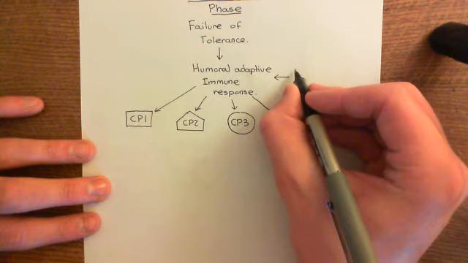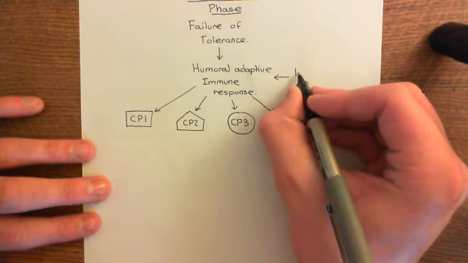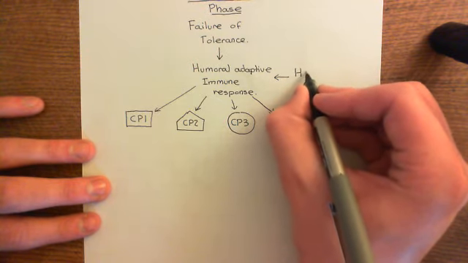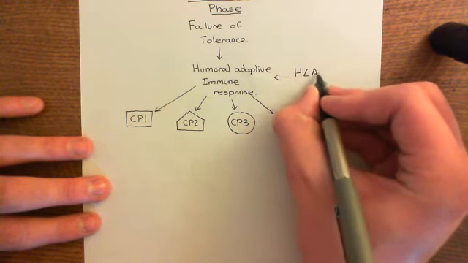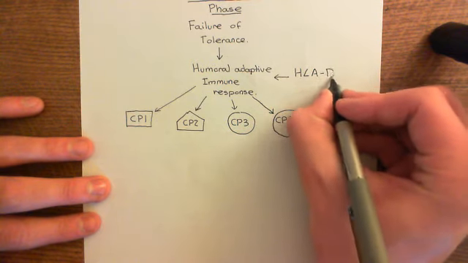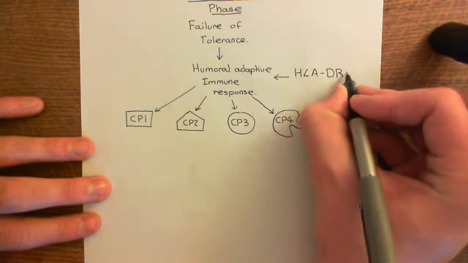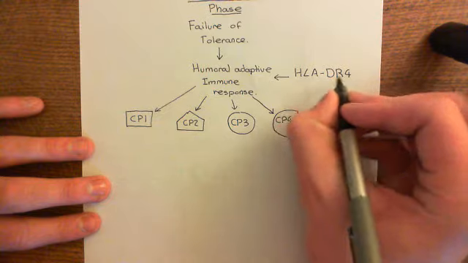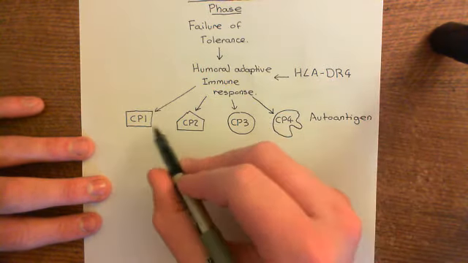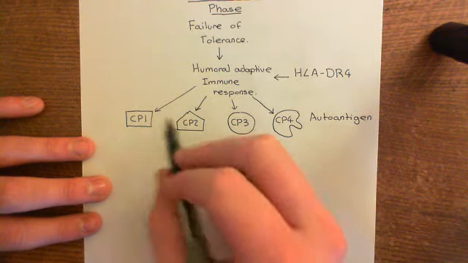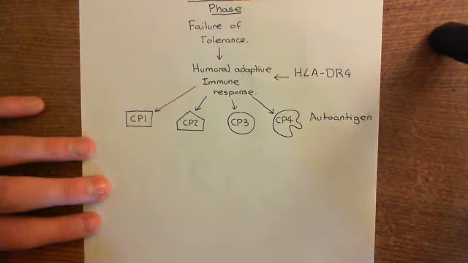Now, there is a specific allele of the HLA-DR MHC class II molecule that puts you at increased risk of suffering from rheumatoid arthritis, and maybe this is one of the things which is involved in the break in immunological tolerance for these different citrullinated proteins.